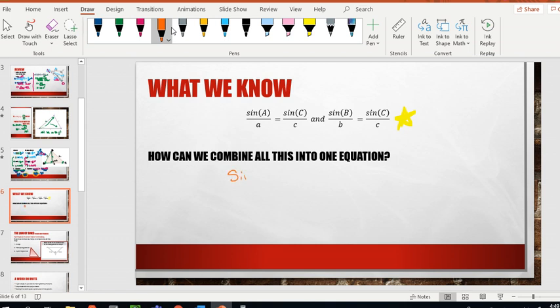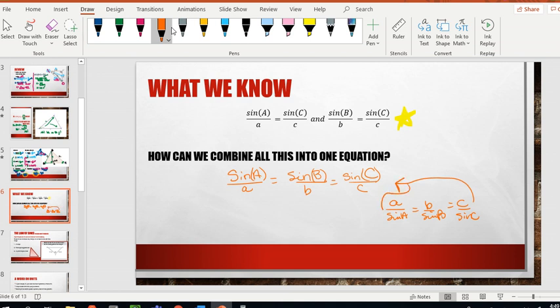So I have sine of A over A, where A is an angle, equals sine of B over B equals sine of C over C. Now, if you ever see this written the other way around, A over sine A equals B over sine B equals C over sine C, it's the same thing.